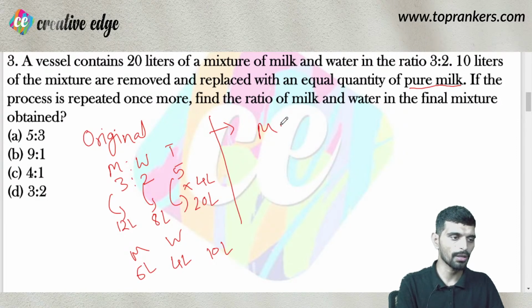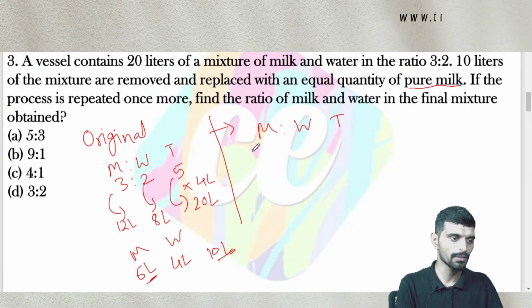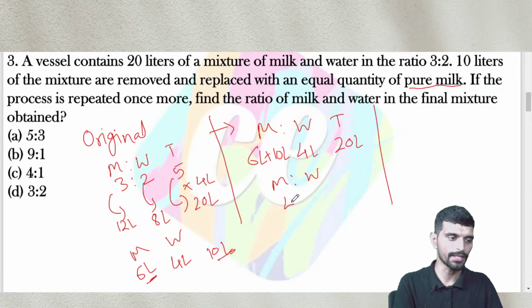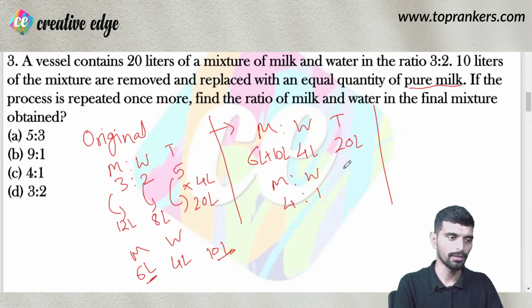After removing 10 liters, we added 10 liters of milk. So we had 6 liters of milk, and we added 10 liters more. We had 4 liters of water and a total solution of 20 liters. So after the first iteration, the ratio of milk to water is 16:4, that is 4:1.